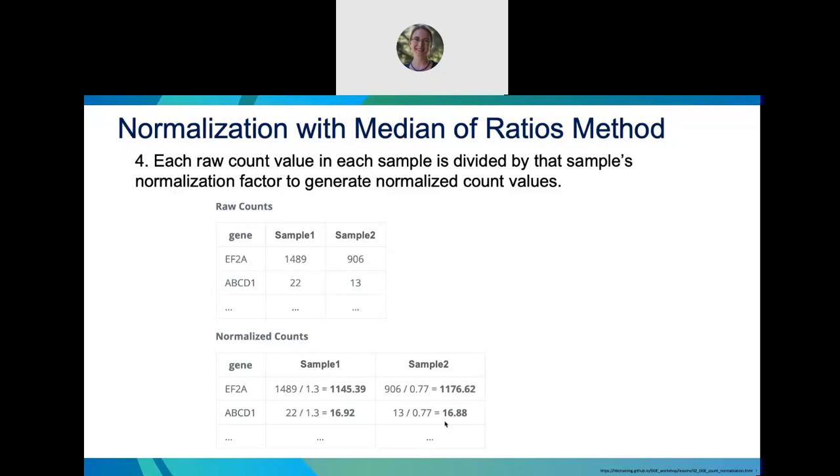So after we've performed the median of ratios normalization, we can then go ahead and start comparing genes directly between samples, but we couldn't do that before normalization.